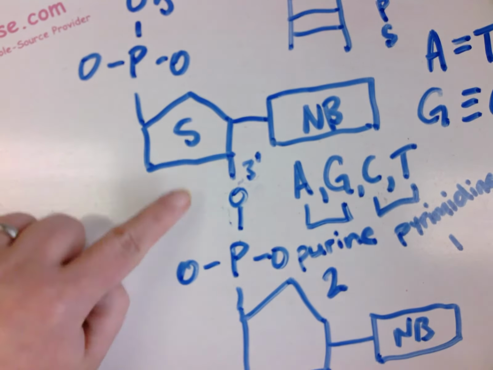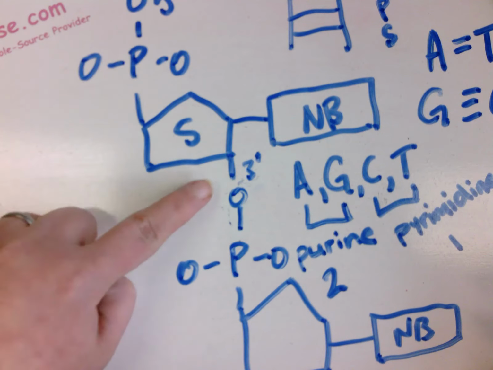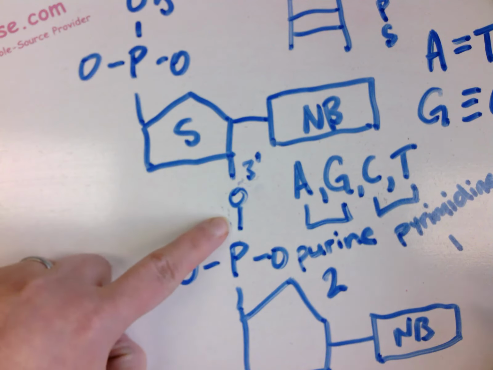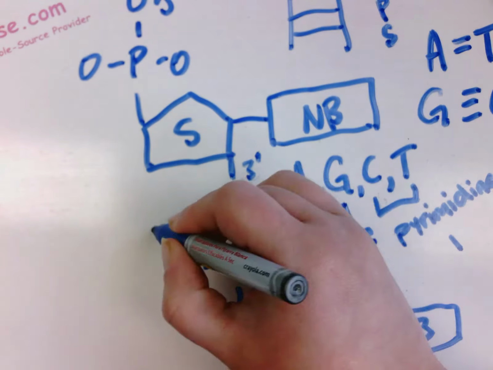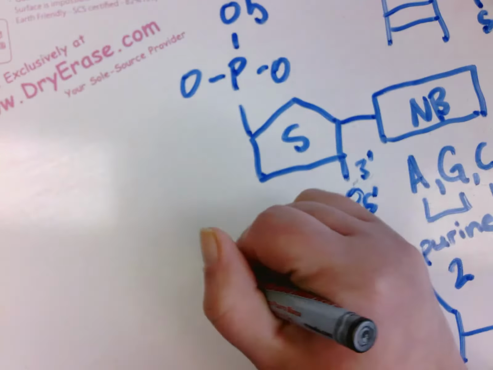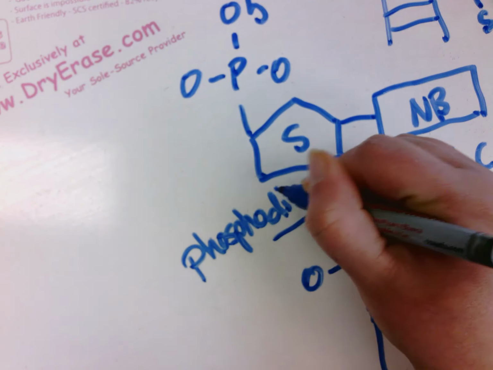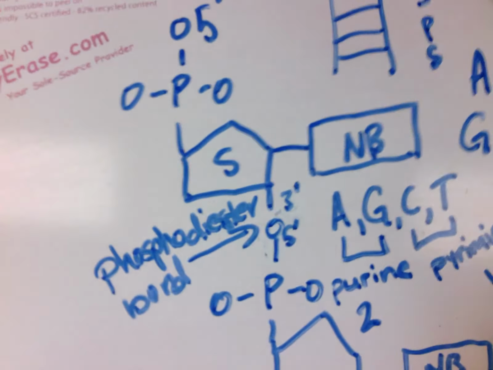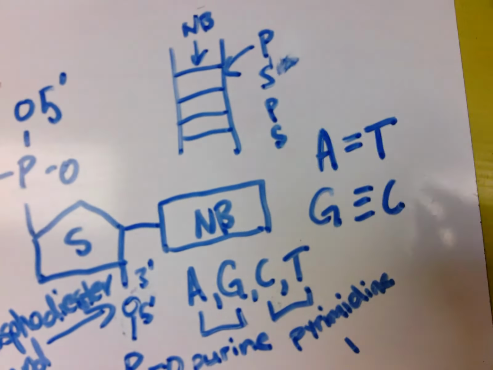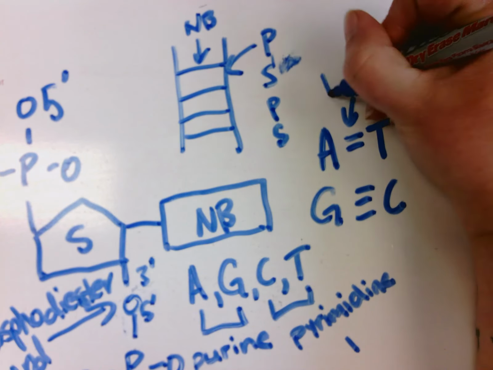So here we've got the 3' sugar of this nitrogenous base making a bond with the 5' phosphate of this nitrogenous base, and we call that bond a phosphodiester bond. Phosphodiester bond.